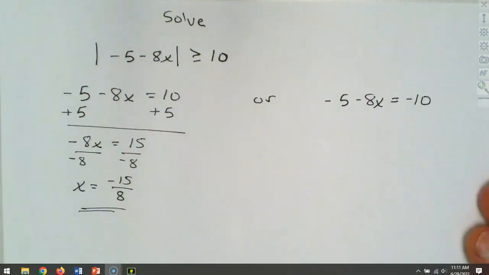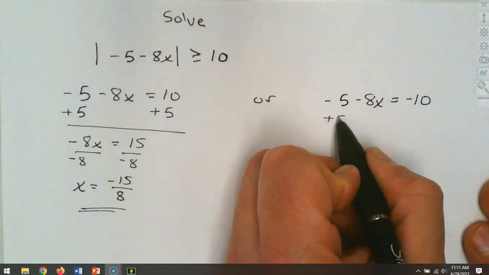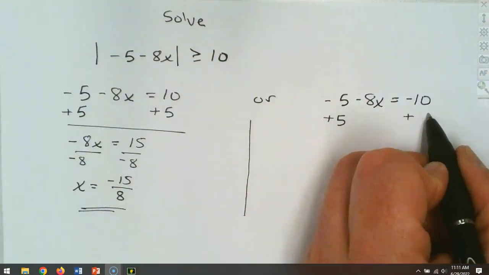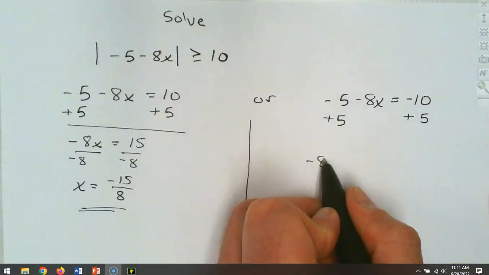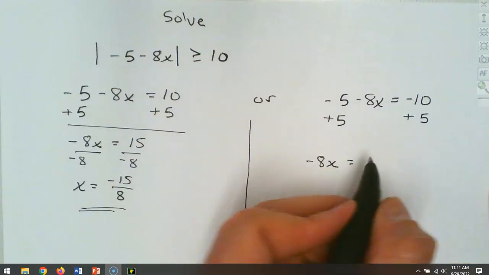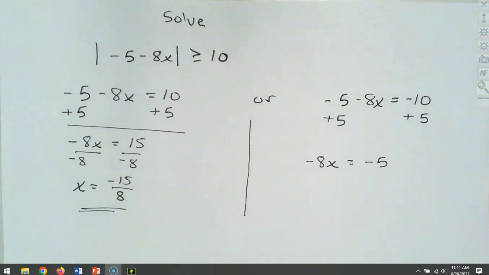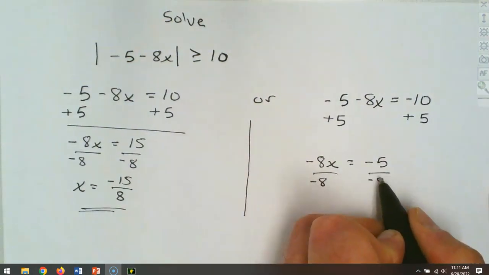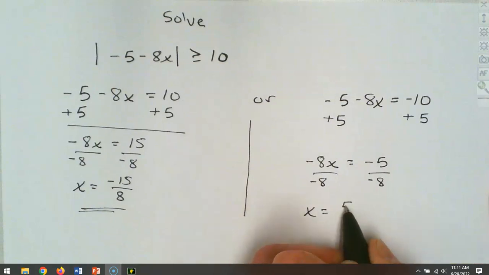Simple enough there. Repeat the process on the other one. Add that 5. So minus 8x equals now minus 5. Divide by our negative 8. Negative and negative then makes it a positive 5/8.